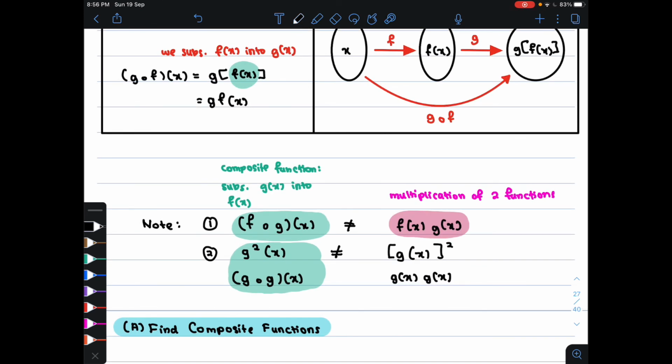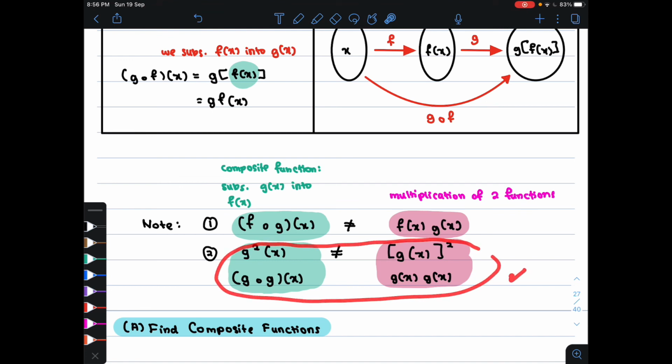And this is actually g(x) times g(x). So the right hand side means that it is multiplication of two functions. Therefore, both of them are not the same. So just be careful untuk cara penulisan untuk pastikan kamu dapat bezakan sama ada dia composite function ataupun dia multiplication of two functions.